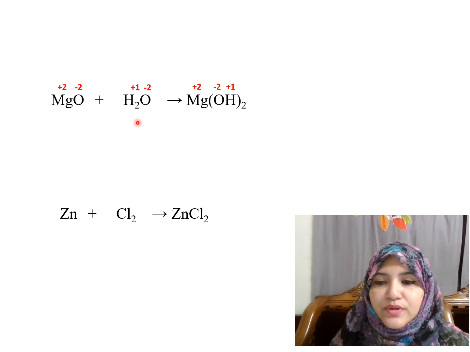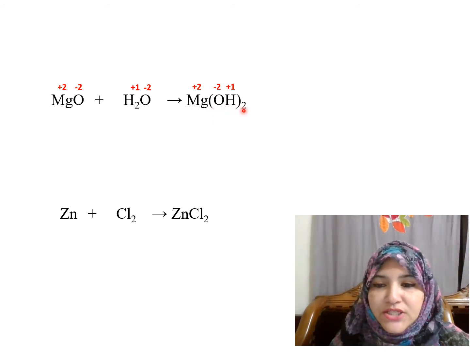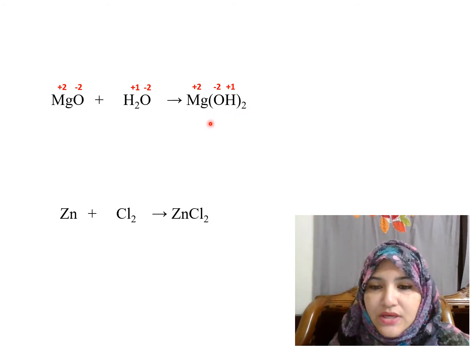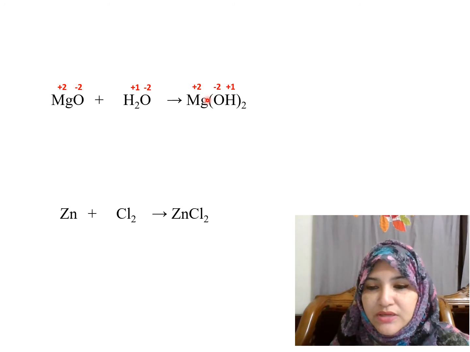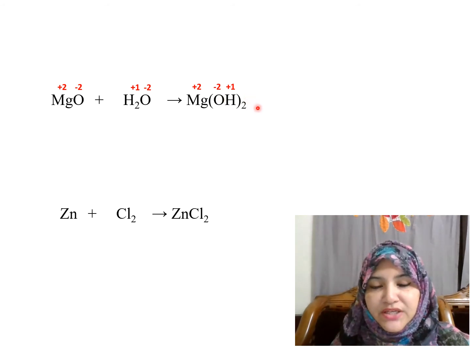Now in magnesium hydroxide, that means in products, which is composed of magnesium plus 2 hydroxyl ions, magnesium still has an oxidation state of +2, oxygen is still -2, and hydrogen is +1.